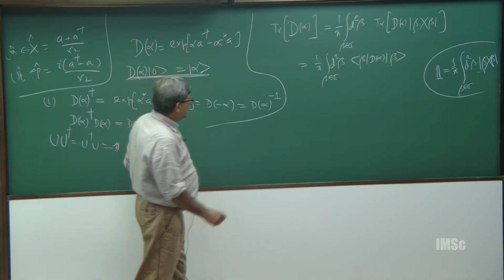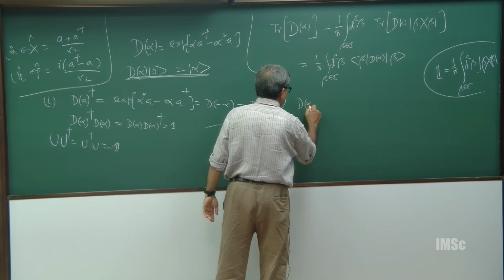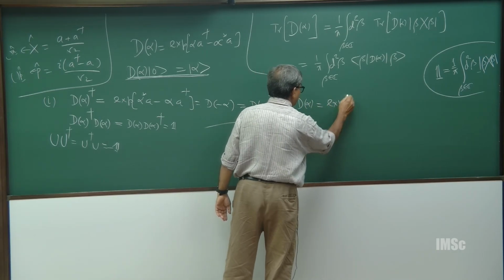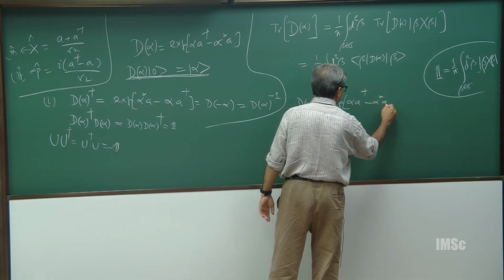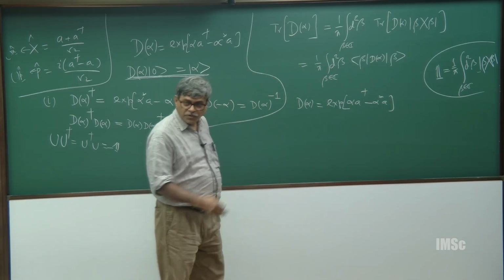Okay. So, D of alpha is exponential of alpha A dagger minus alpha star A. Now, I use the Baker-Hausdorff formula.